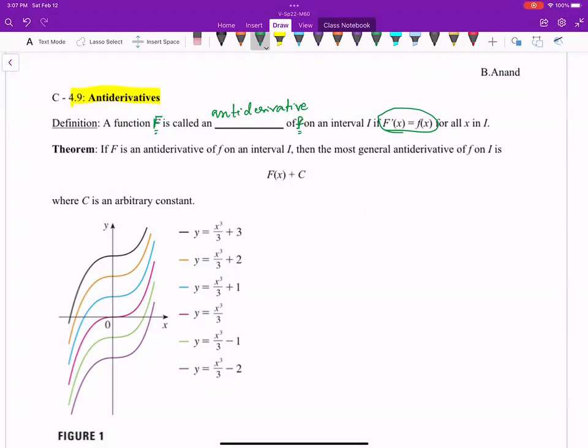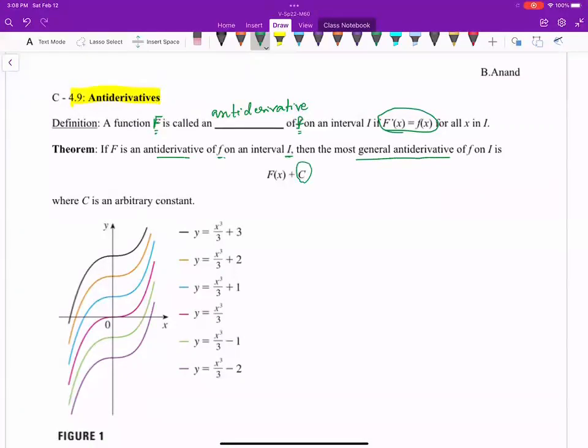So what is this theorem? If F is an antiderivative of lowercase f on an interval I, then the most general antiderivative of f on I is uppercase F of x plus c. If you use the word general, then you have to add an additive constant.